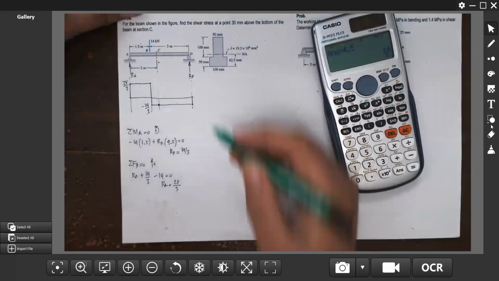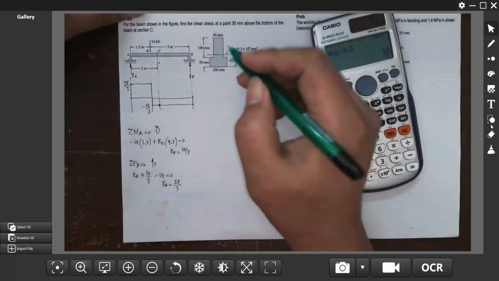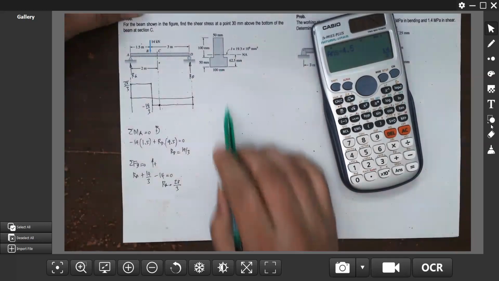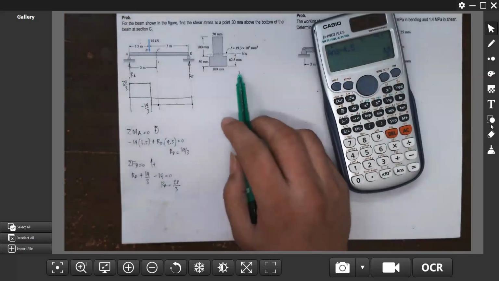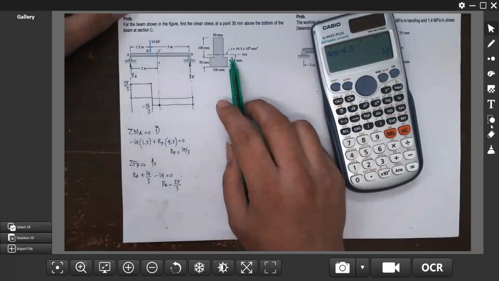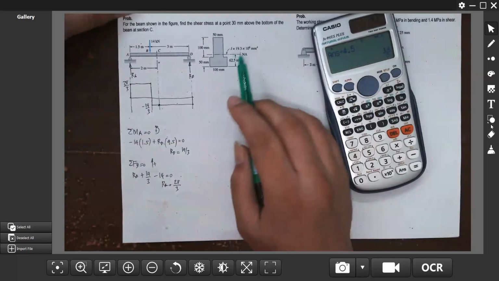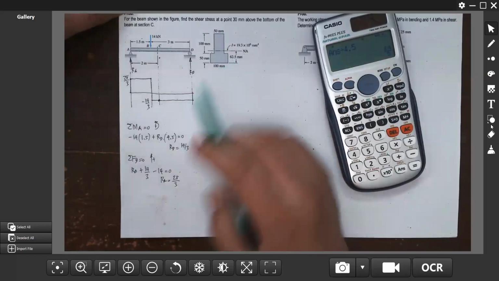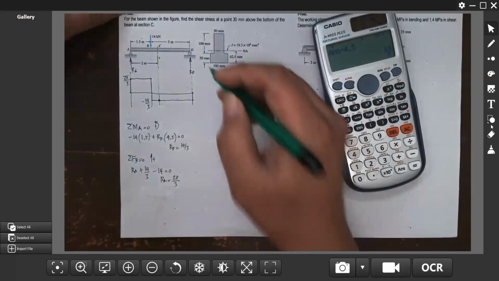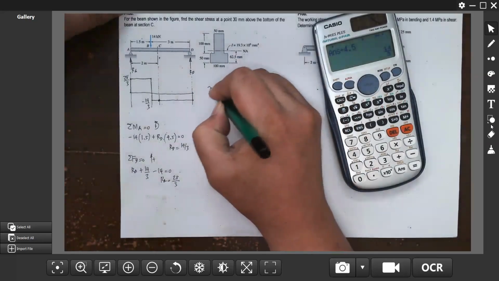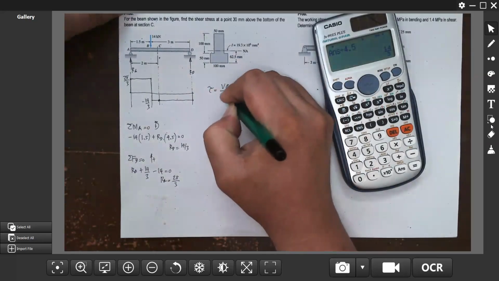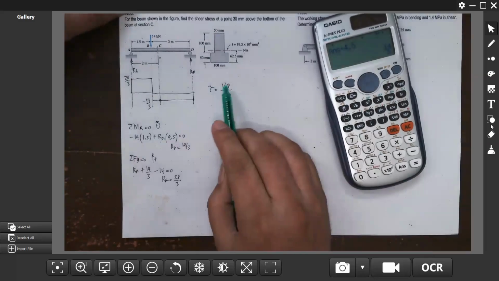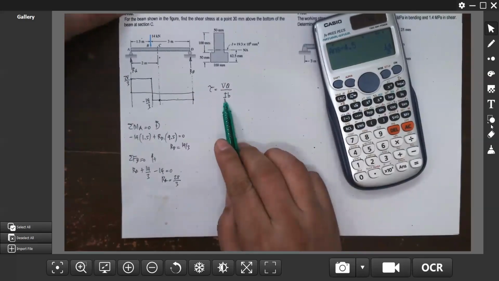So we need to find I. Now, to get I, it's already given, though we could prove it, but we can skip that. Given I and Y bar, we only need Q. The formula for shear stress equals VQ over I times B. So the shear is 14 over 3, and I is given.